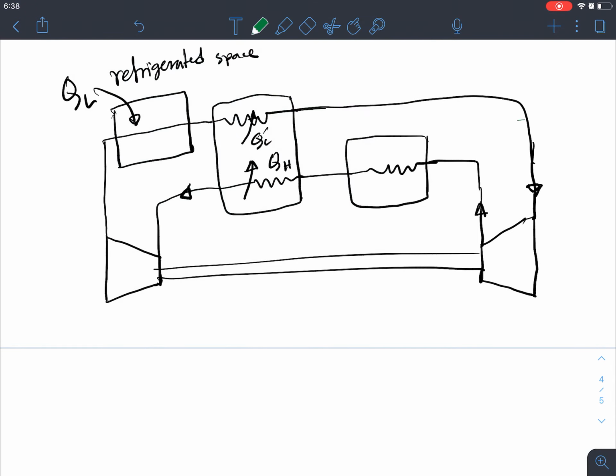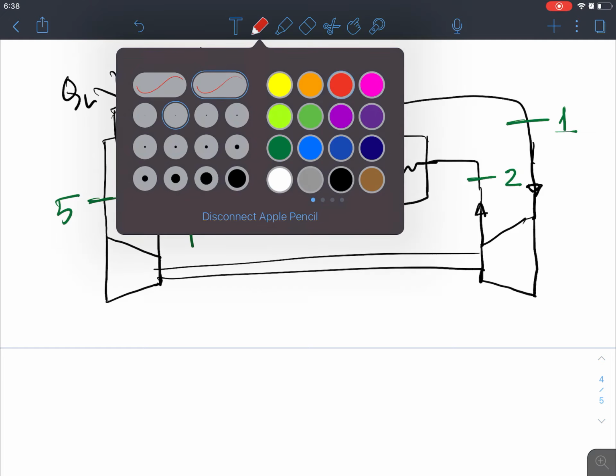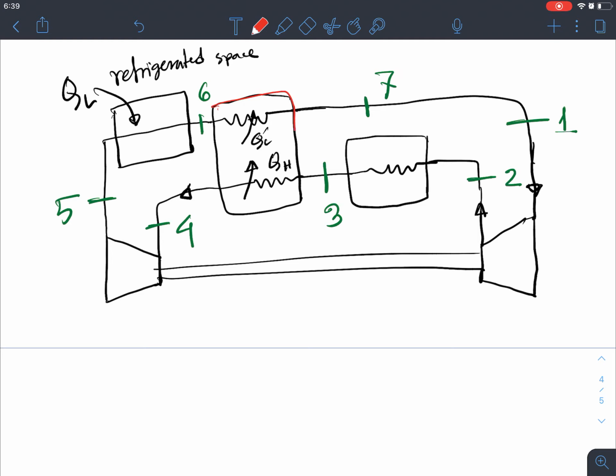If we mark these points, it will be number 1, 2, 3, 4, and then 5, then this is 6, and this is 7. The key thing here is this regenerator unit. The amount of heat rejected by the 3 to 4 process equals the amount of heat gained by the 6 to 7 process.